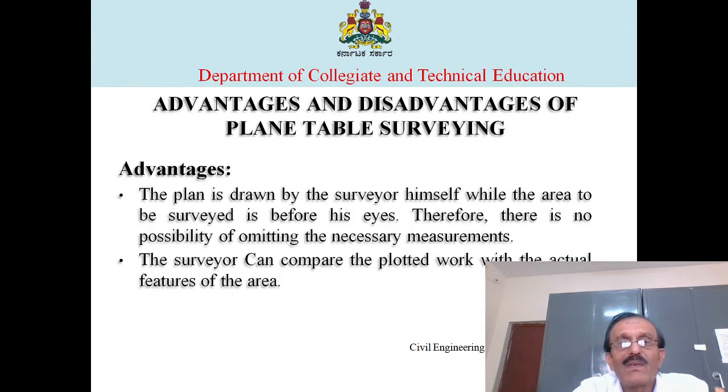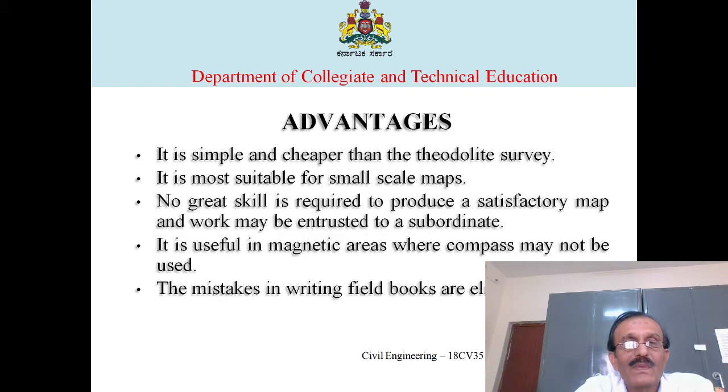Advantages and disadvantages of plane table surveying. The plan is drawn by the surveyor himself, while the area to be surveyed is before his eyes. Therefore, there is no possibility of omitting necessary measurement. The surveyor can compare the plotted work with the actual features of the area. Other main advantages are that it is very simple and cheaper than the other types of survey.